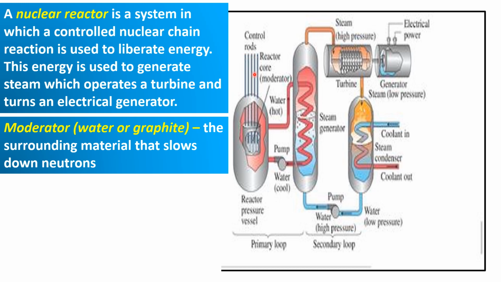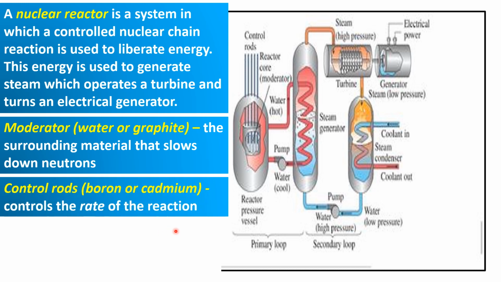This is done by having what we call control rods, made of either boron or cadmium. From the word control rods, they have the ability to control the rate of the reaction.